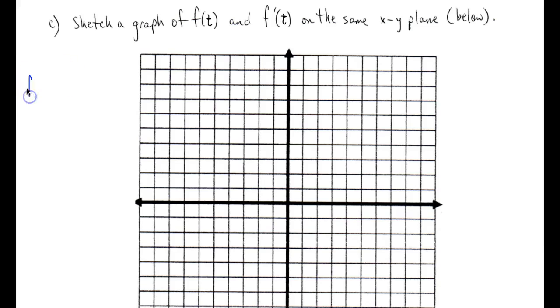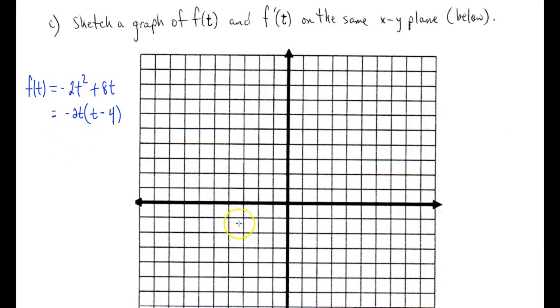All right, so our f of t is just negative 2t squared plus 8t. And we know that we can factor out the greatest common factor, which would be a negative 2t. And what would be left is t minus 4.